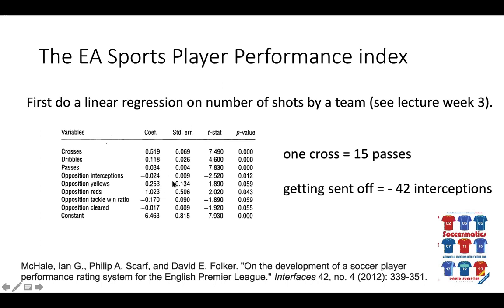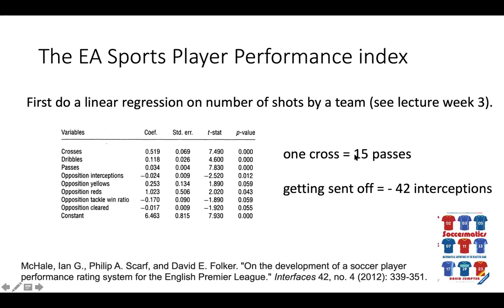Even the number of opposition yellows really increases the number of shots that you have. There's a cause and effect problem here. But anyway, this is a way of trying to work out how these different actions that take place lead to shots.